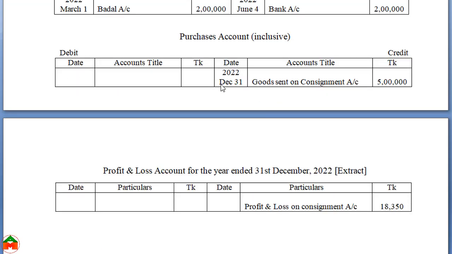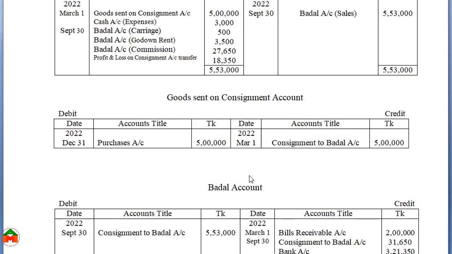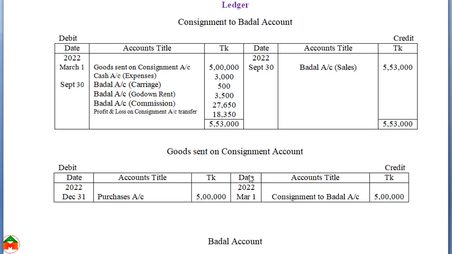This is the short form because all other information is not available, just one piece of information. That's why it's a short specimen of profit and loss account. However, in this way we can prepare the ledger accounts.